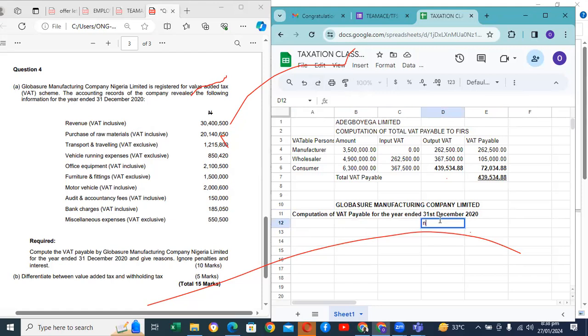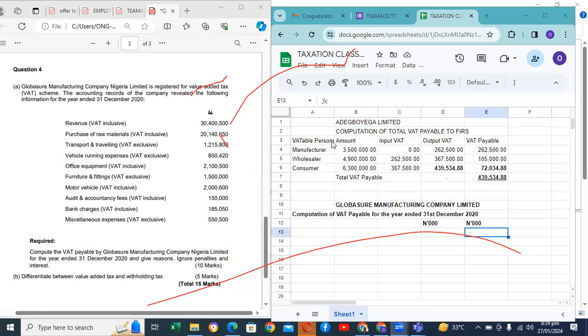Revenue. Do you remember the two rules I gave in the beginning of the class, like for the input and output VAT? This is where you are going to apply the rule. Please listen very carefully. Any VAT that is not directly linked to the goods or services you sell will not form part of the input VAT.